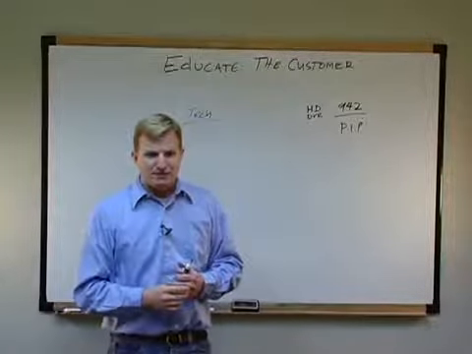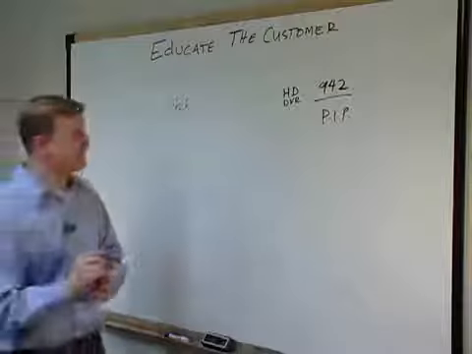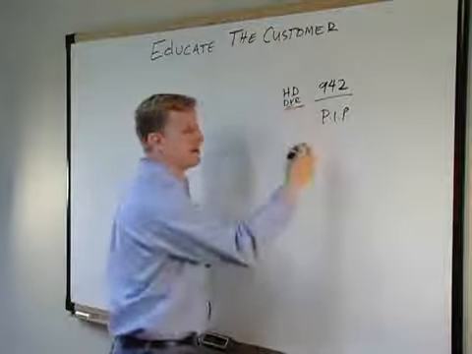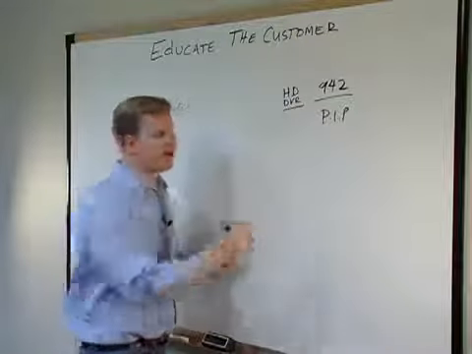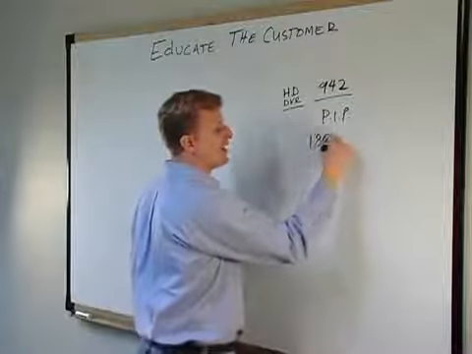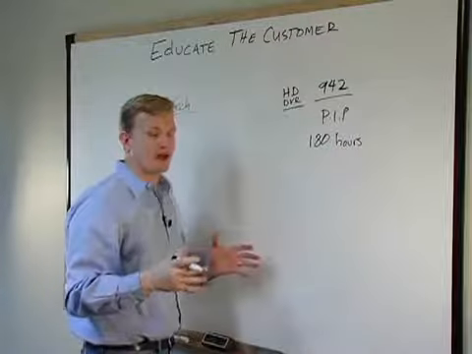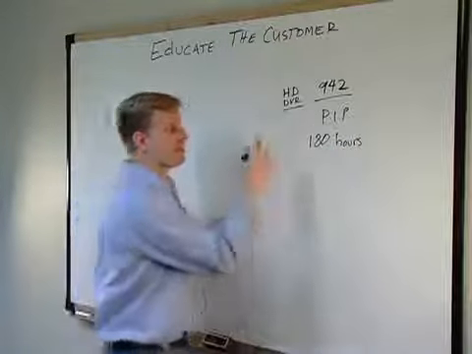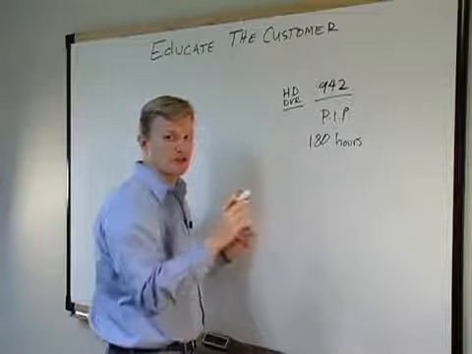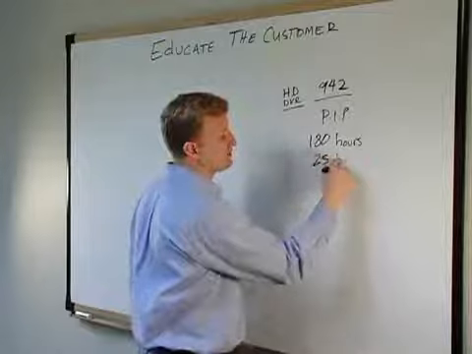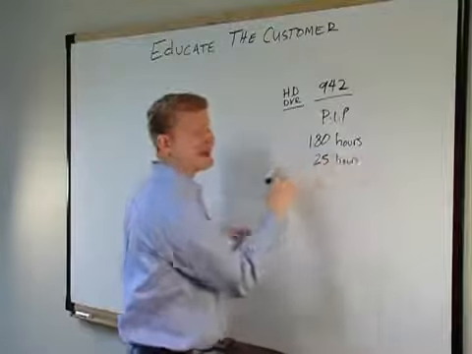In addition to that, it also has the ability, with the DVR, the time that's on the hard drive, there is 180 hours worth of record time on that hard drive for standard digital programming, and there's 25 hours of room for high definition.